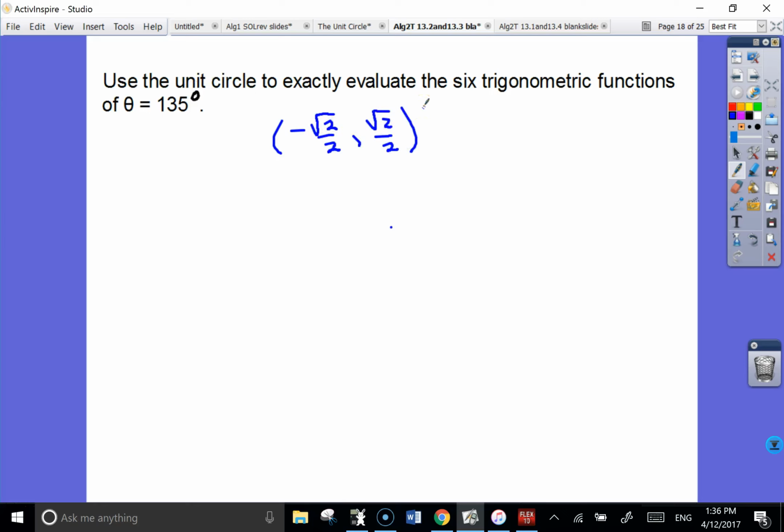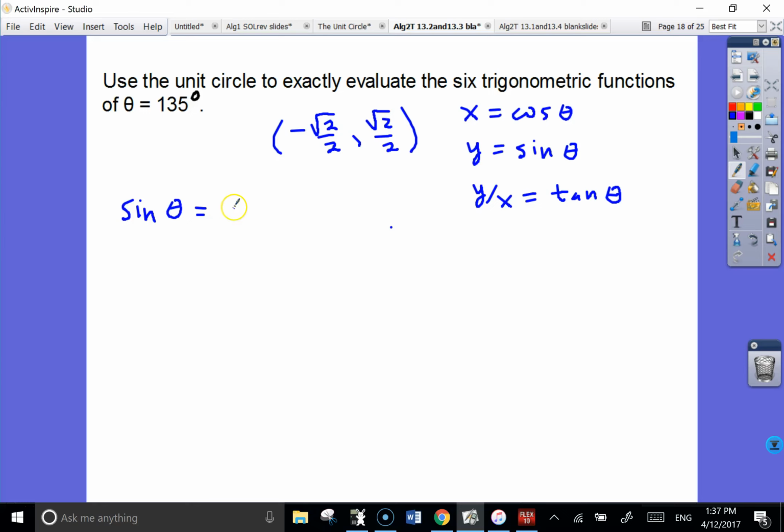Again, what are the things that we know? We know that x equals the cosine, y equals the sine, y over x equals the tangent. Okay, so we're going to start. The sine of theta equals positive square root of 2 over 2.